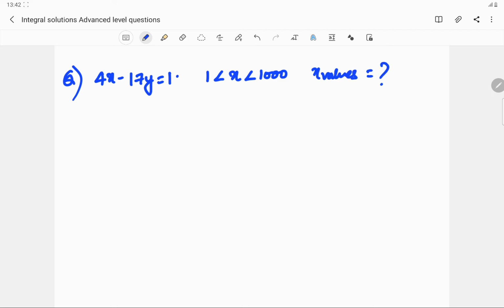So he's asking how many integral values x can take to solve this equation. Now this equation is 4x equals 1 plus 17y. This is nothing but 4x equals 16y plus y plus 1.